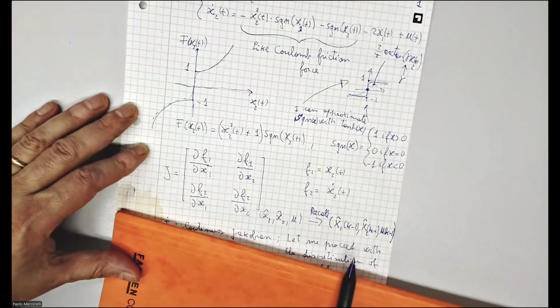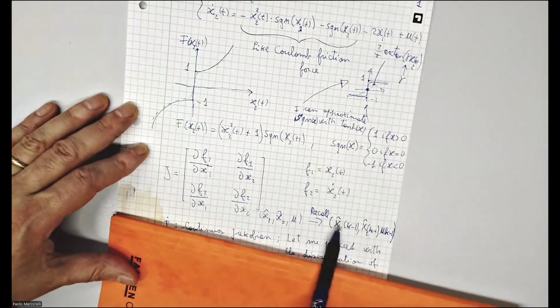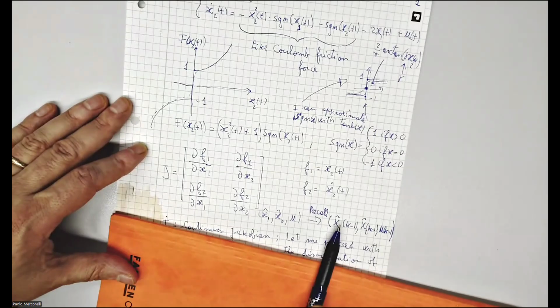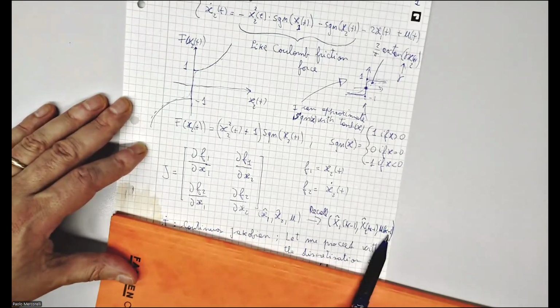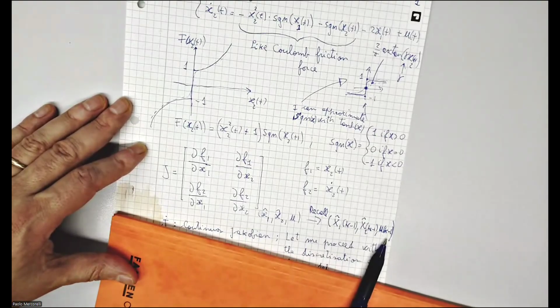Calculated, we can see here, at the previous, previous meaning corrected, no? Previous x1, x2, and the actual u. Delayed.